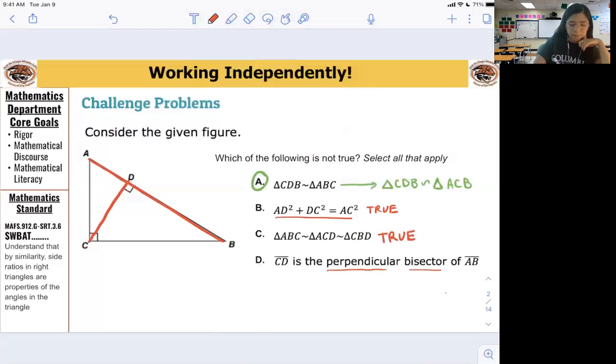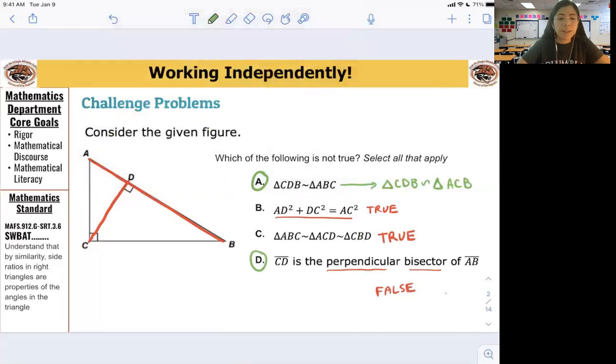So Tyrone, you're telling me that AD is congruent to DB? No, no, no. So is it the perpendicular bisector? No.